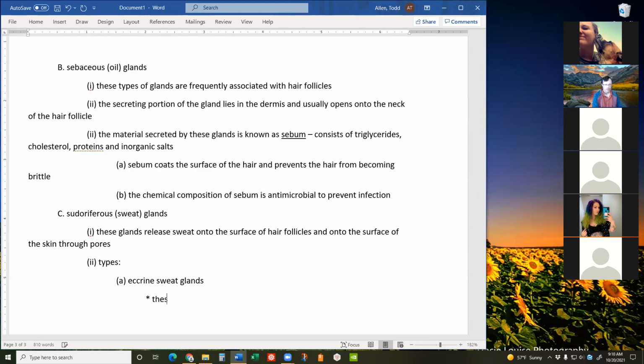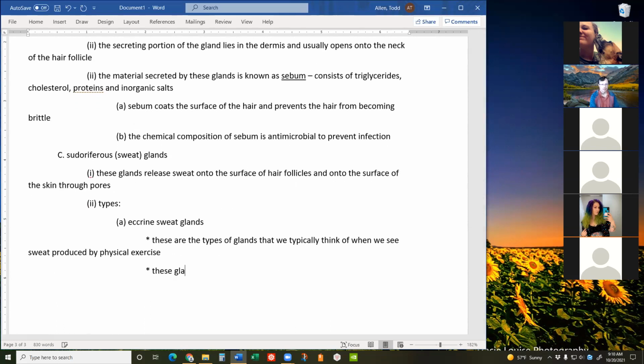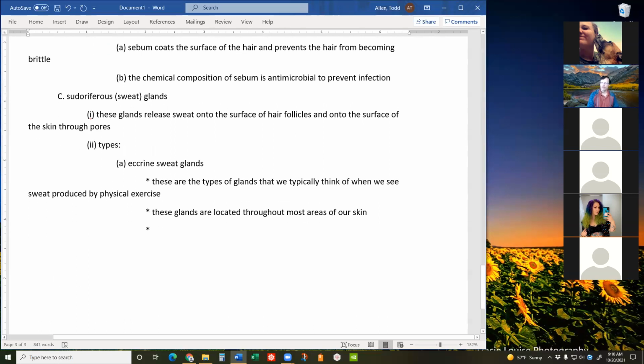These are the types of glands that we typically think of when we see sweat produced by physical exercise. Okay. These glands are located throughout most areas of our skin. Okay. The primary function of these glands is to regulate body temperature through the evaporation of sweat.